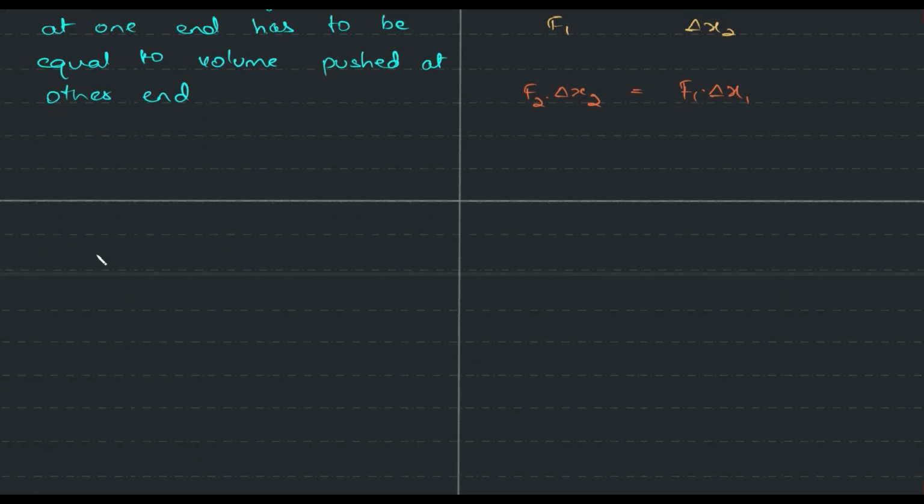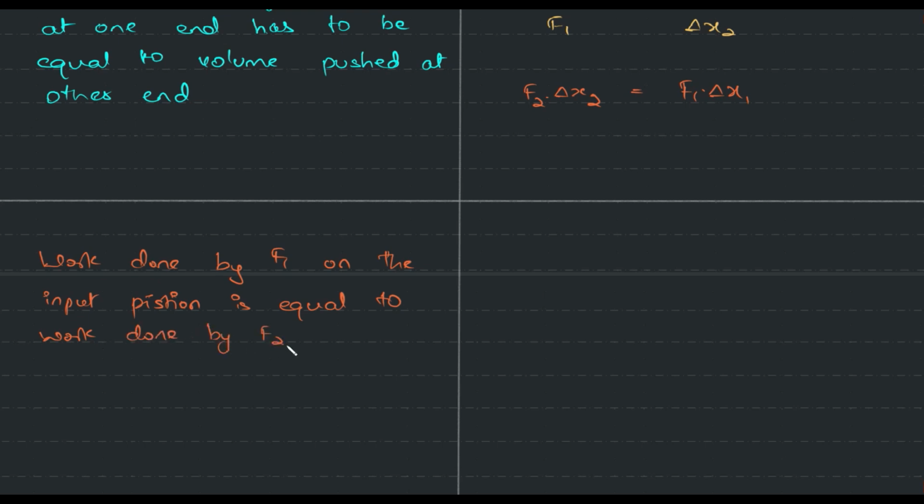So basically, the work done by F1 on the input piston is equal to the work done by F2 at the other end.